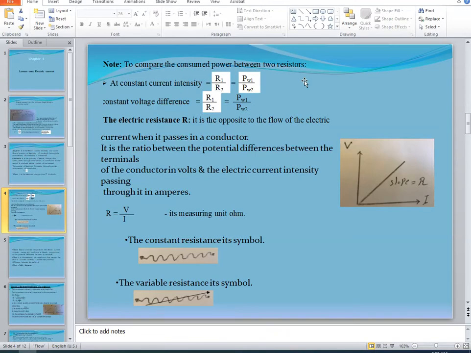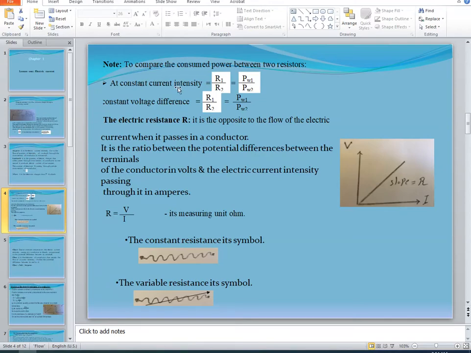You studied before that we have two types of connection of the resistors: series connection and parallel connection. Series connection means the electric current intensity will be constant. So if I equals a constant value, this means PW1 over PW2 equals I power 2 over R and I power 2 over R.